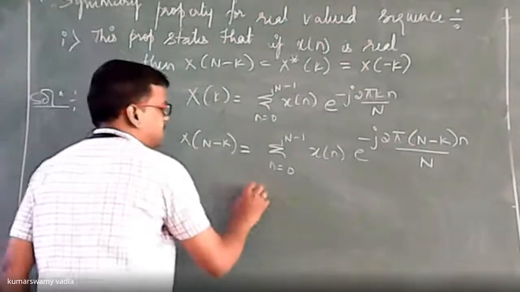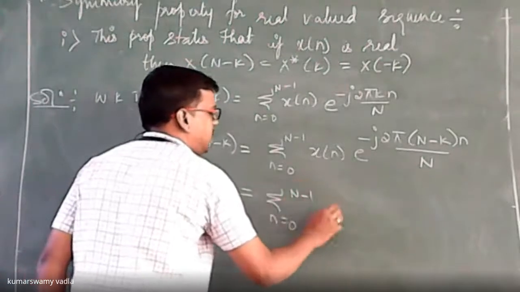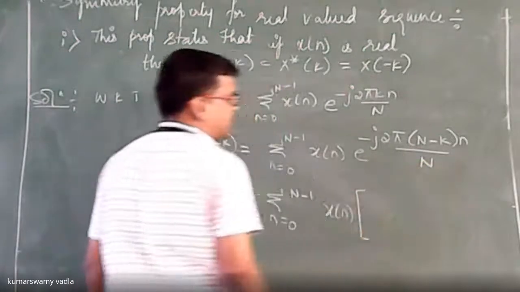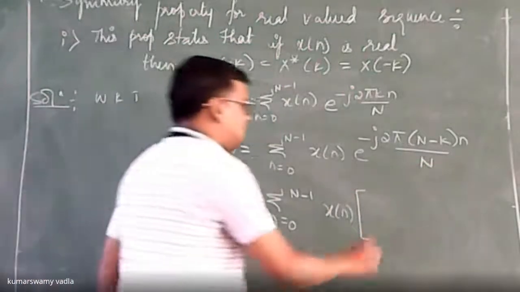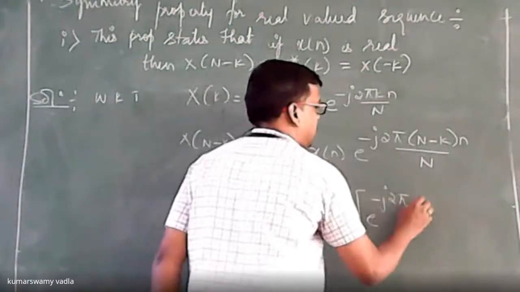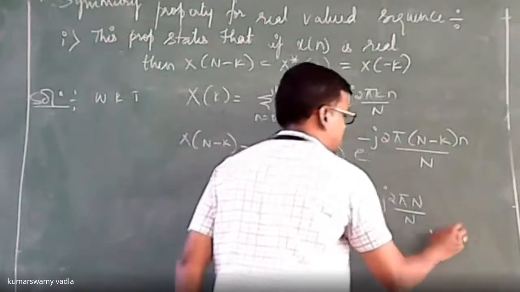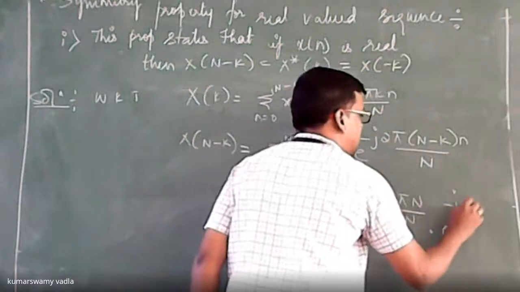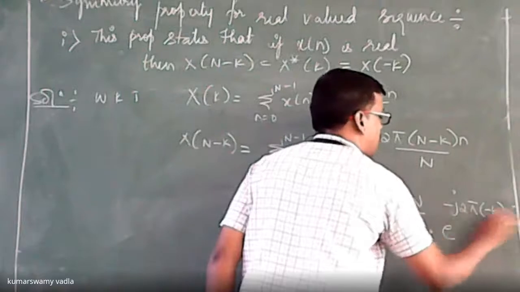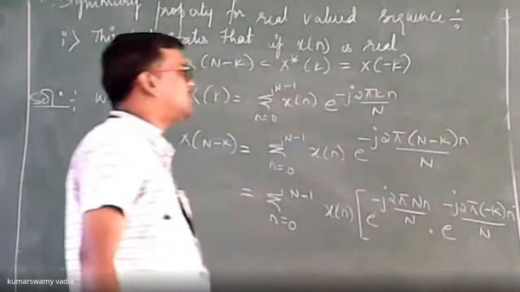Now the next step: the sum of x of n, and there are two terms here, e power minus j 2 pi N n divided by N into e power j 2 pi k small n divided by N. Yes or no, students?